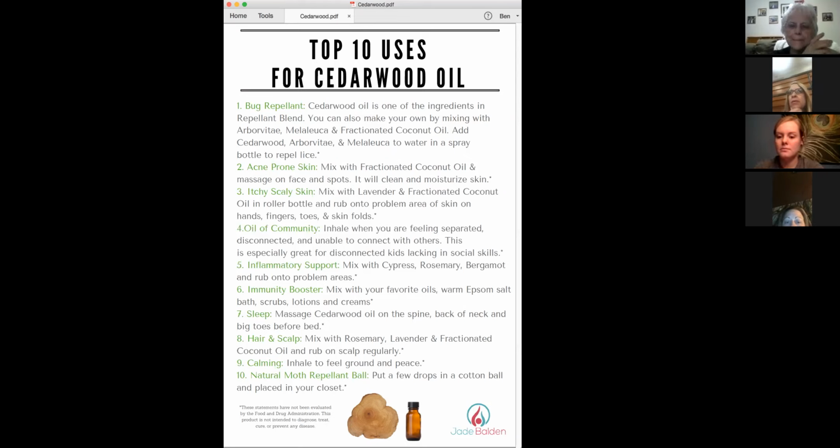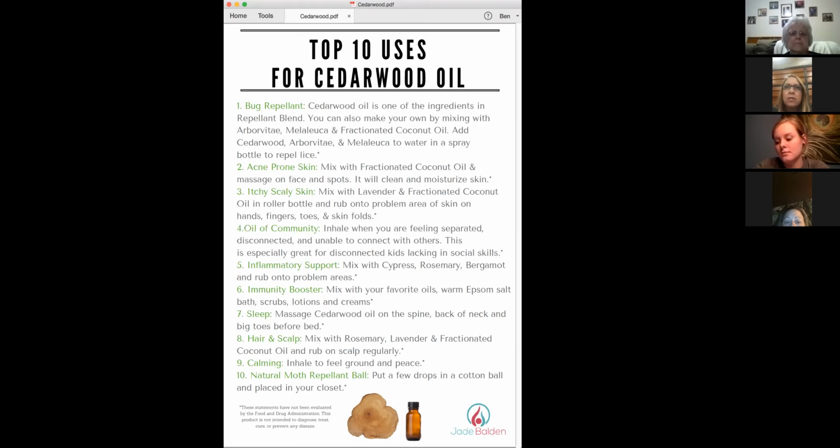That's amazing. In the Bible, actually, cedarwood oil is referred to in Leviticus 13 and 14, and it talks about helping with the cleansing of the lepers.